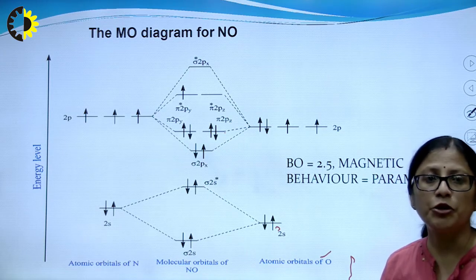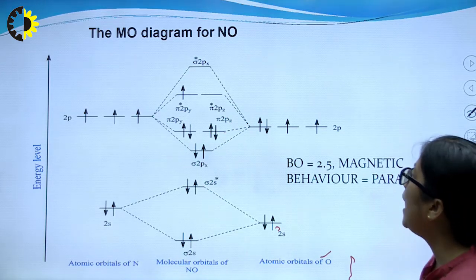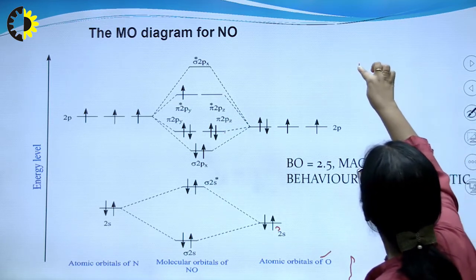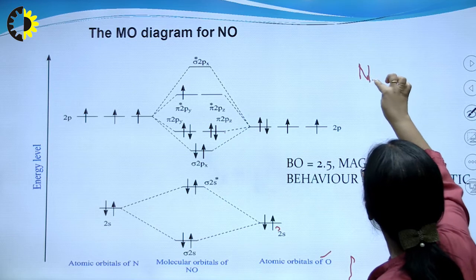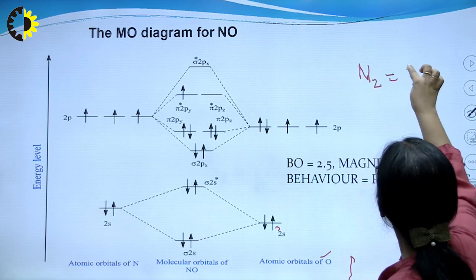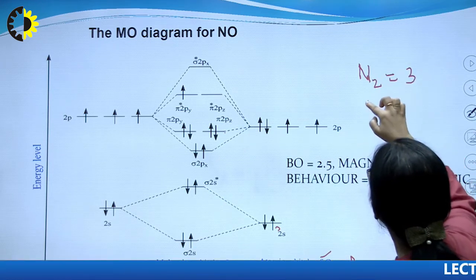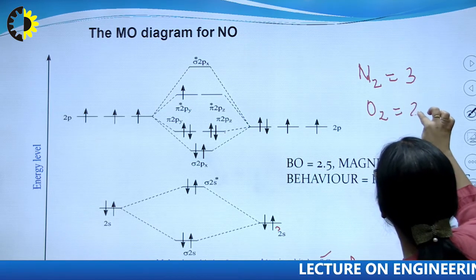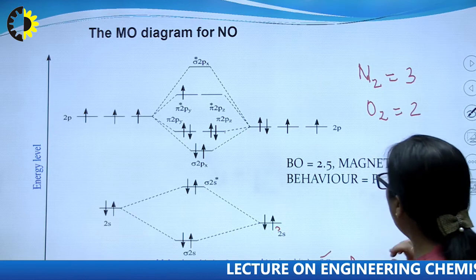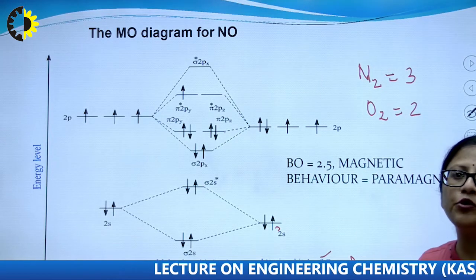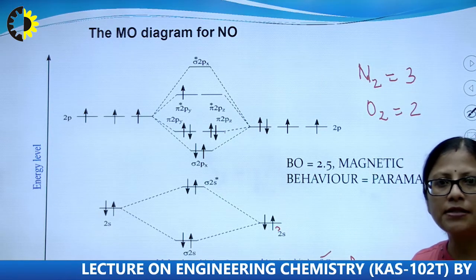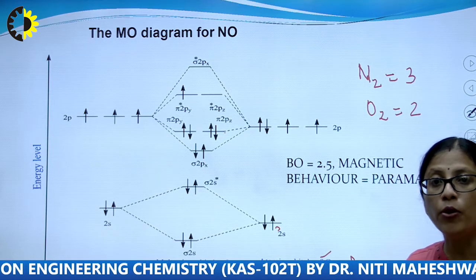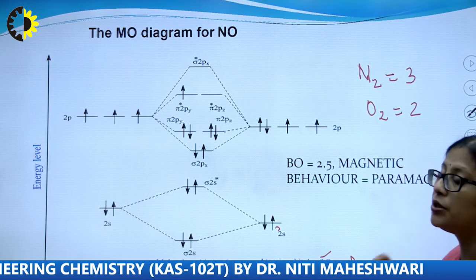Now, the question arises that N2 has a bond order of 3 and O2 has a bond order of 2, and NO has a bond order of 2.5, but still the stability of NO is less than both N2 and O2.